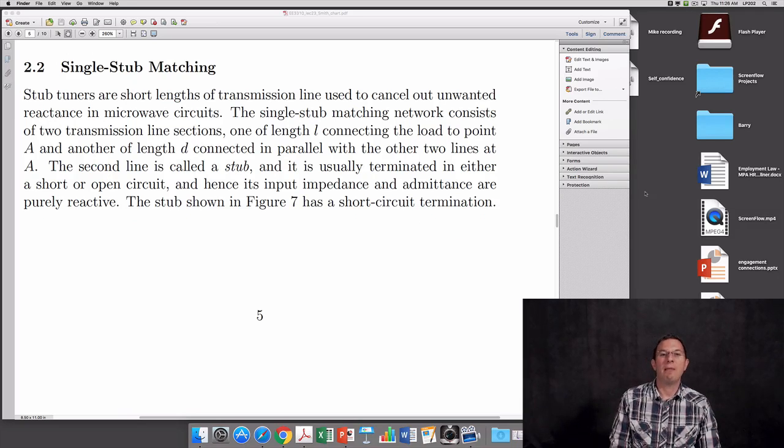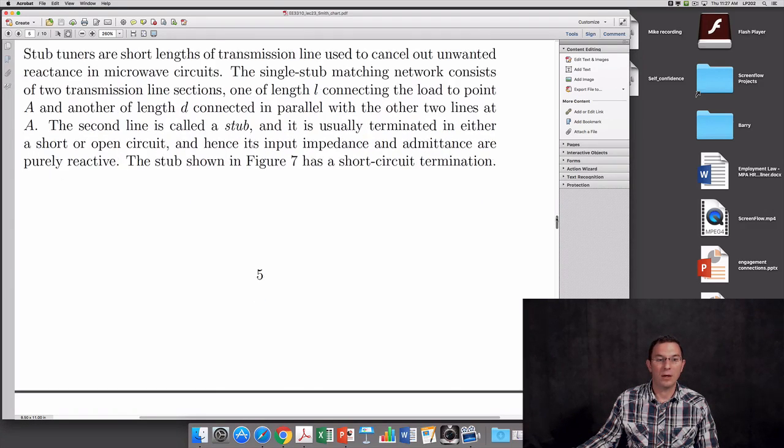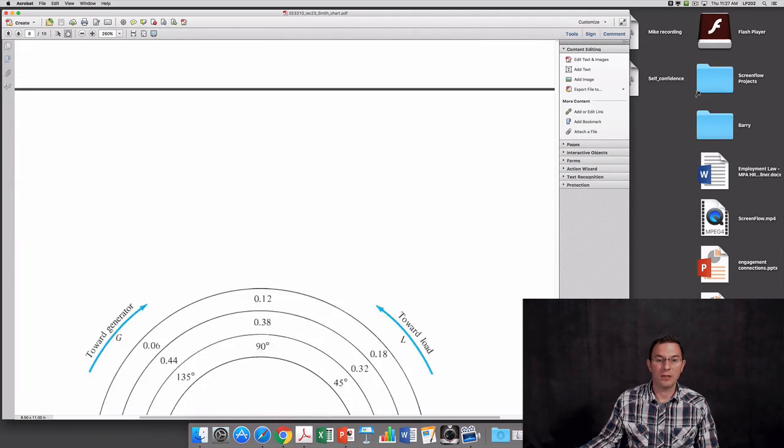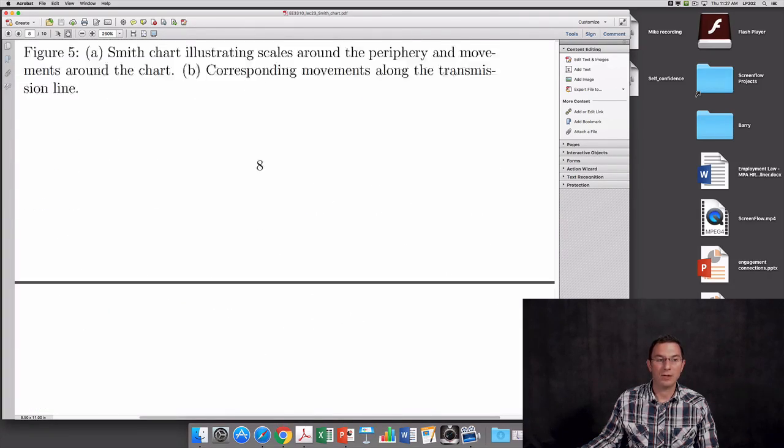The single stub matching network consists of 2 transmission line sections, one of length L connecting the load to point A, and another of length D connected in parallel with the other 2 lines at A. What is he talking about? Well, let's look here at figure 7 to see an example of a stub matching network.